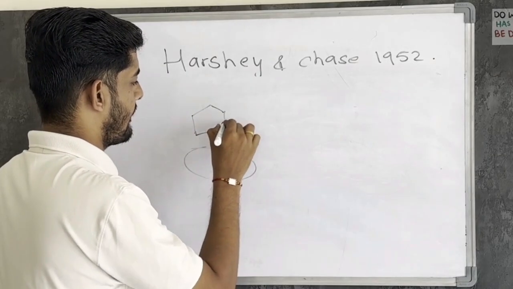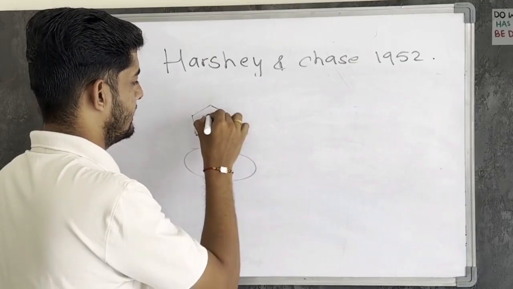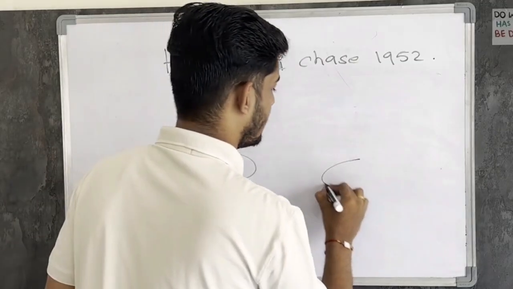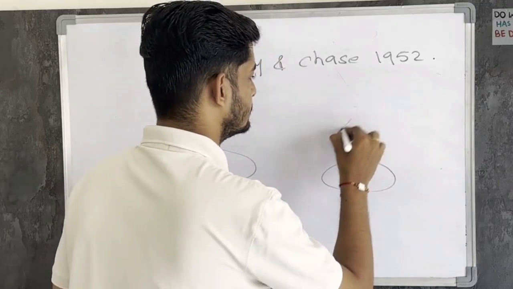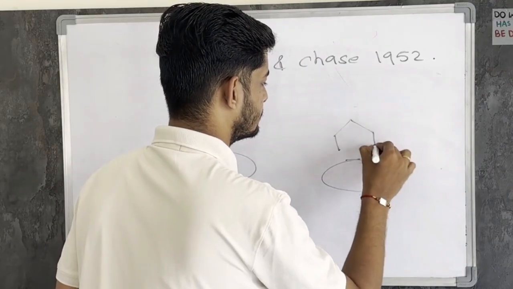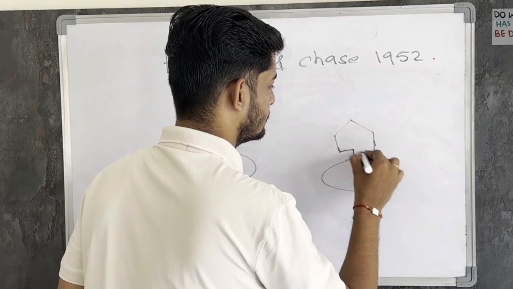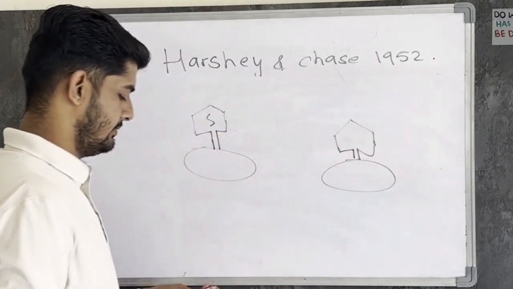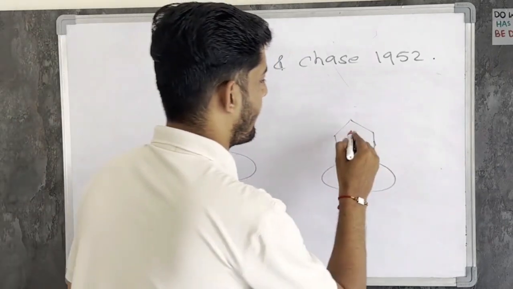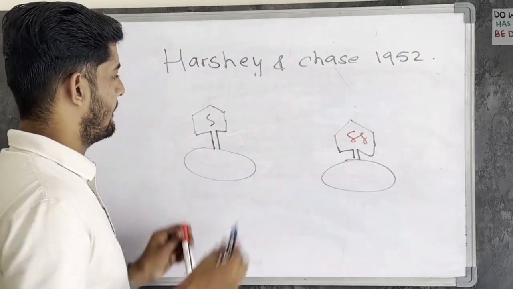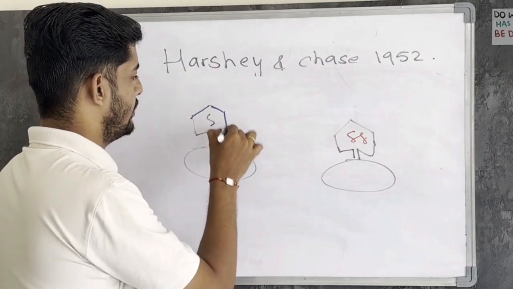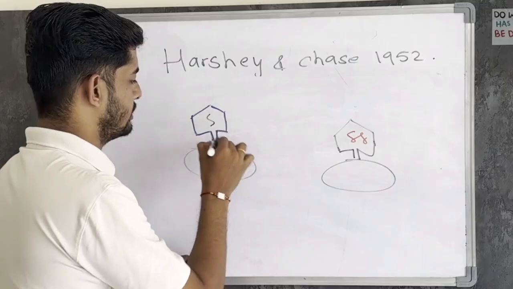So after their multiplication, these T2 phages were allowed to infect the bacterial cell. Now after their infection, this is the radioactive DNA, and here it will be the radioactive sulfur, that is the protein coat.